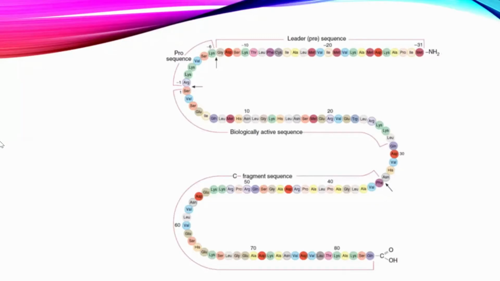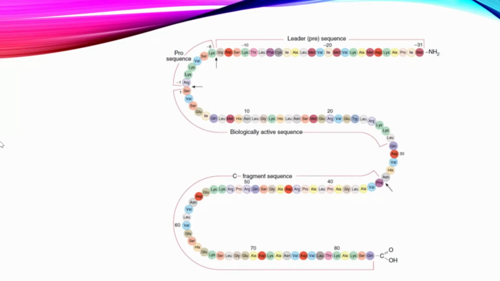When this pre-pro hormone enters the endoplasmic reticulum, it loses the signal peptide, which is composed of 25 amino acids, and converts to the pro hormone. Formation of the active hormone, which contains the 84 amino acid sequence, takes place in the Golgi apparatus.